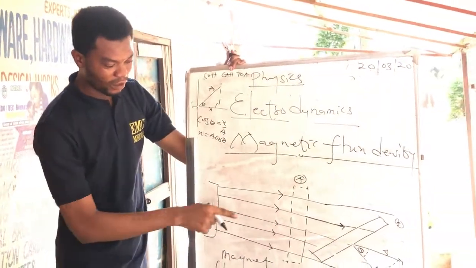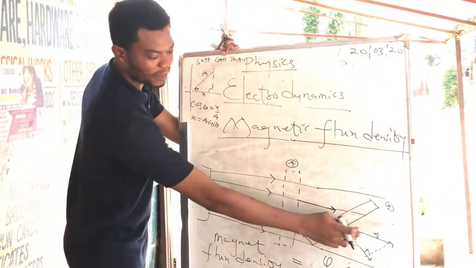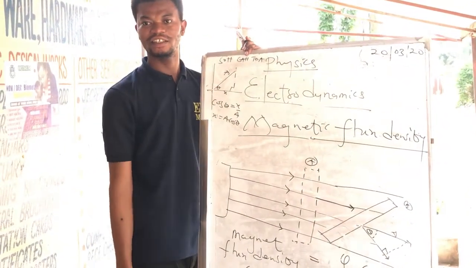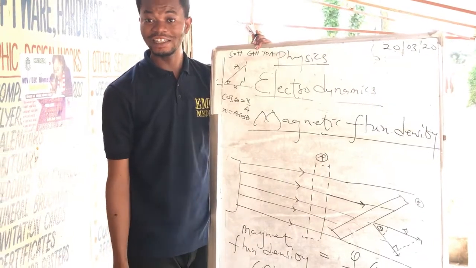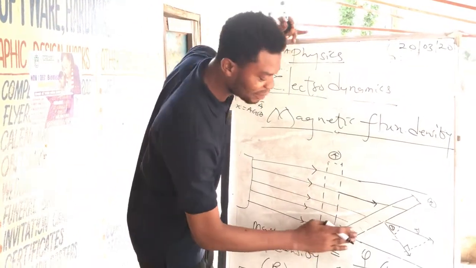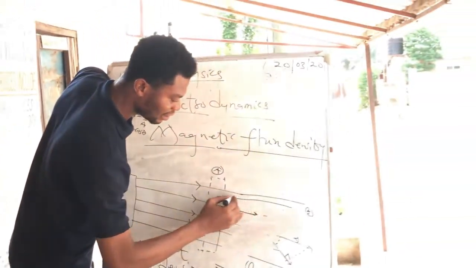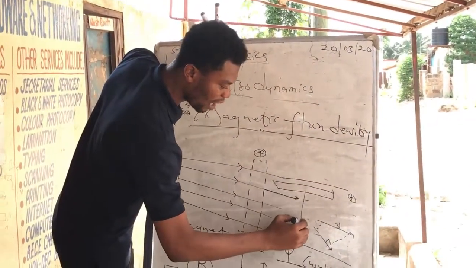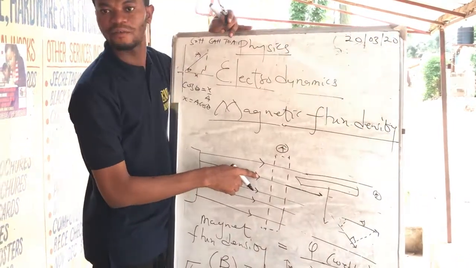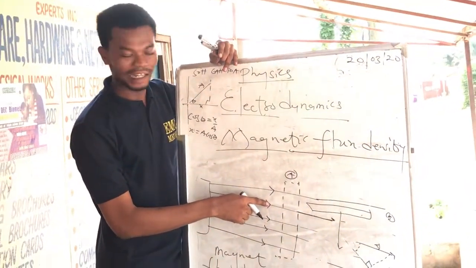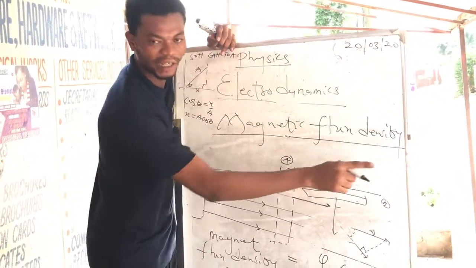What if this angle is 90? It means this material has been positioned such that the normal to the flux is perpendicular, and you can see no flux lines are passing through the material.